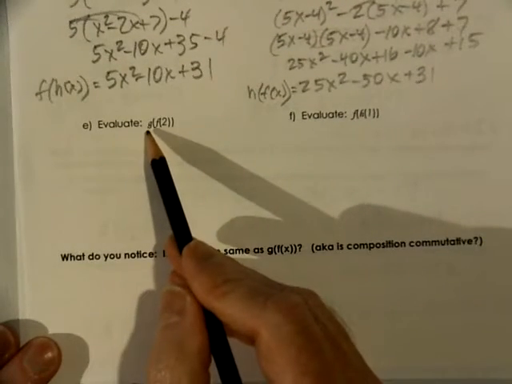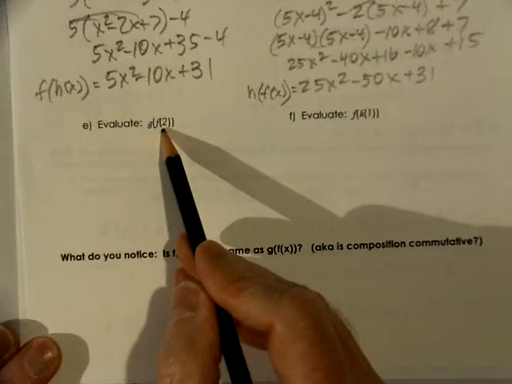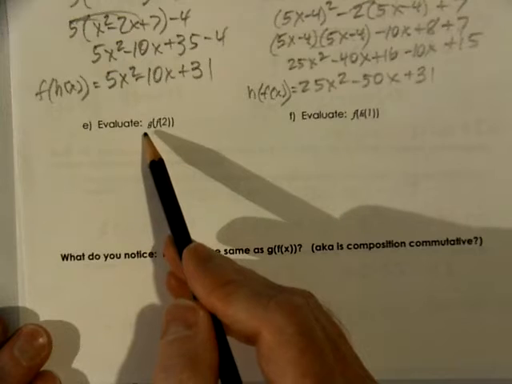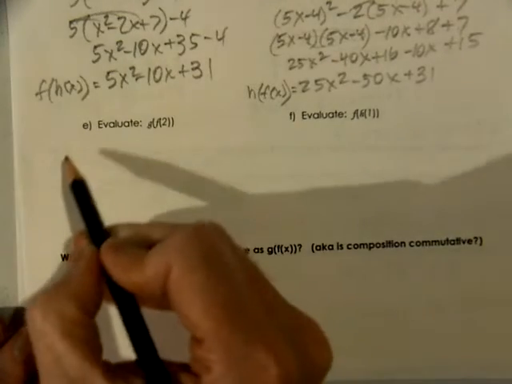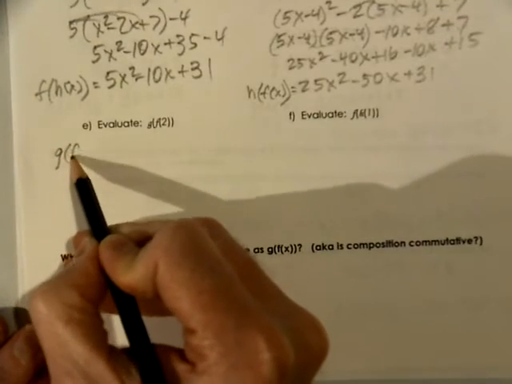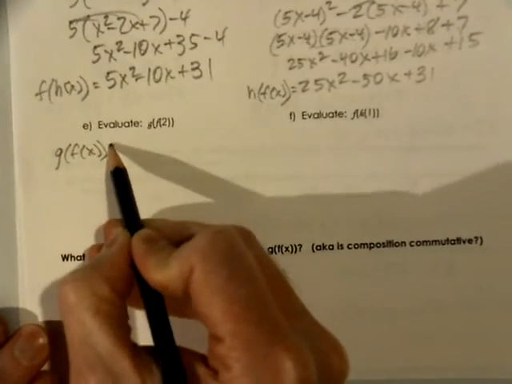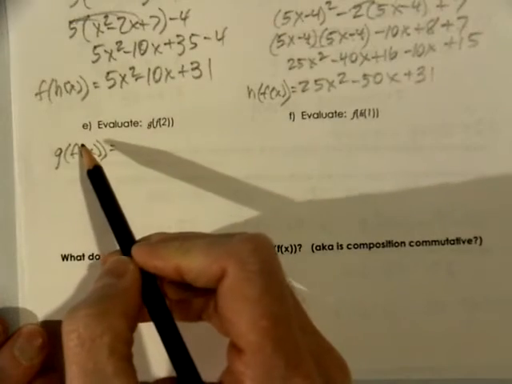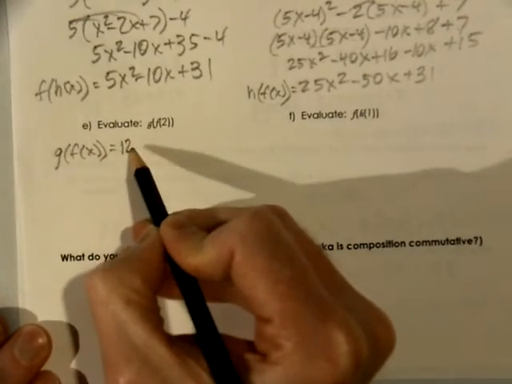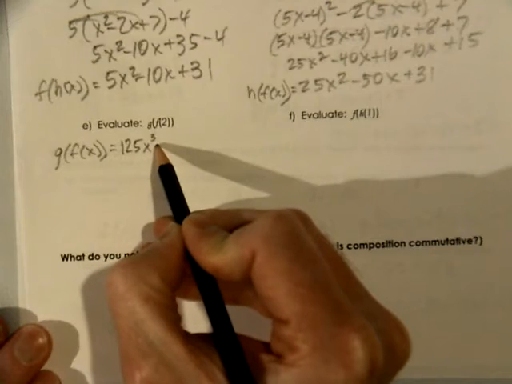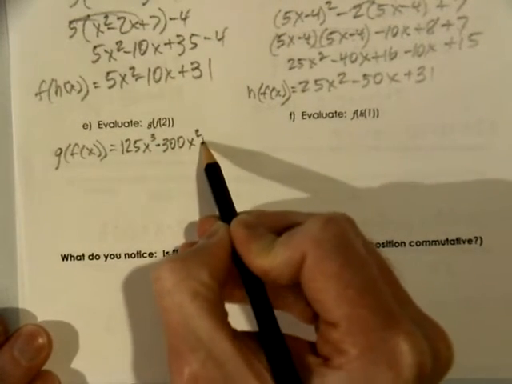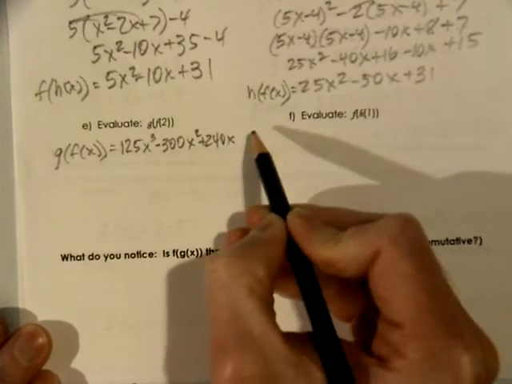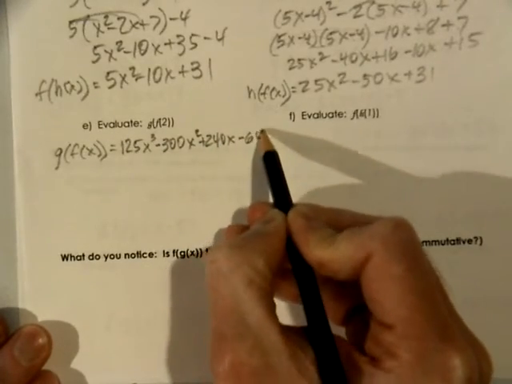We're going to evaluate what g of f of 2 is. So you could take your function of g of f of x and plug it in here. You know that g of f of x from letter b above is 125x cubed minus 300x squared plus 240x minus 64.